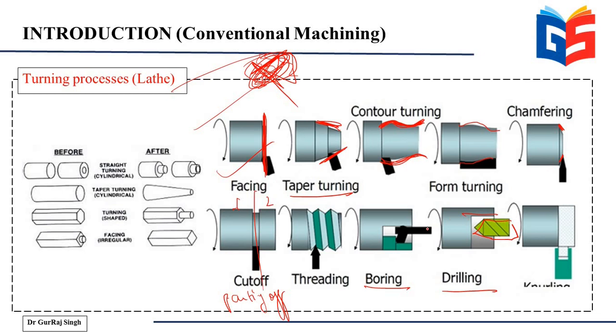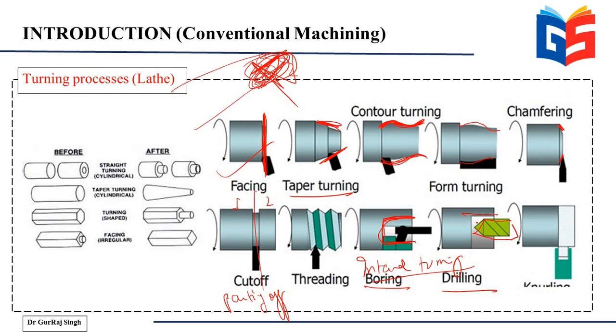Similarly, if you want to increase the size of an already drilled hole, you call it the boring process, and this is also called internal turning. So internal turning or boring is used to increase the size of an already drilled hole, while drilling is the process used for creating a new hole.